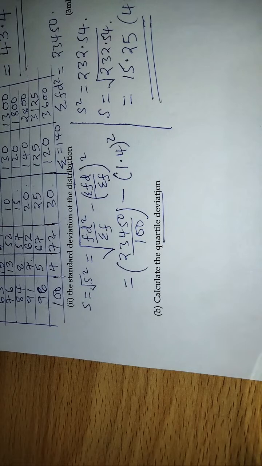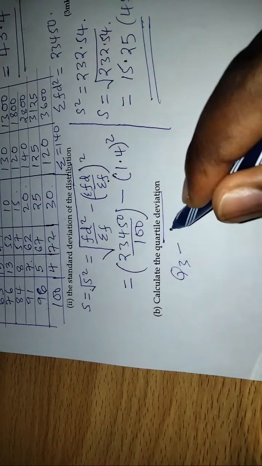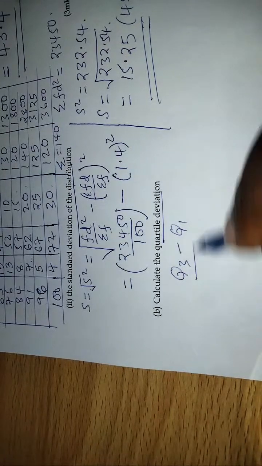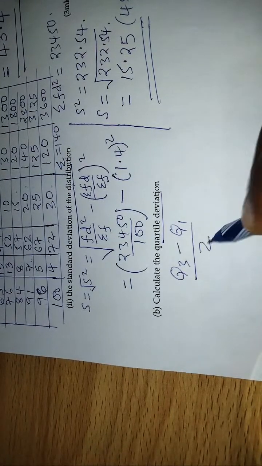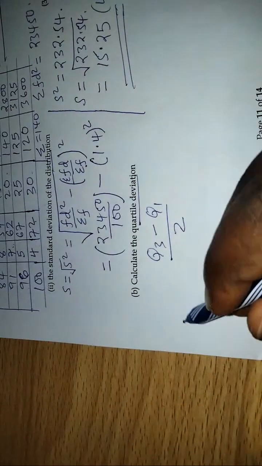Finally, I'm told to calculate the quartile deviation. For us to get quartile deviation, which is also called the semi-interquartile range, I'll need to get Q3 for this data minus Q1 for this data divided by 2. Therefore, let me begin by working out Q1.